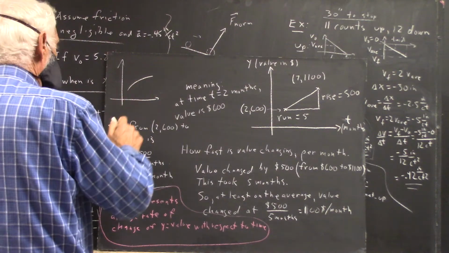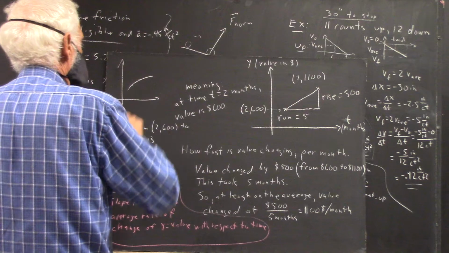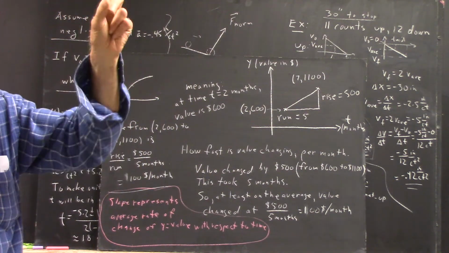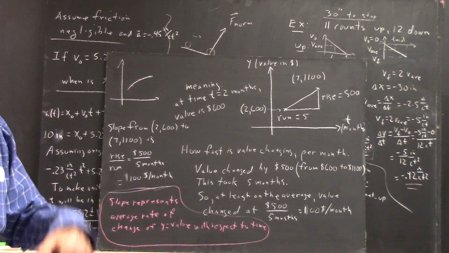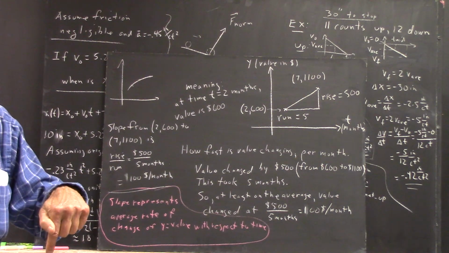The slope of this curve at each point, well, the slope changes. Is the slope increasing or decreasing? Is it getting steeper and steeper, or is it getting less and less steep? So the slope is decreasing. The value is increasing. The slope is decreasing, right?